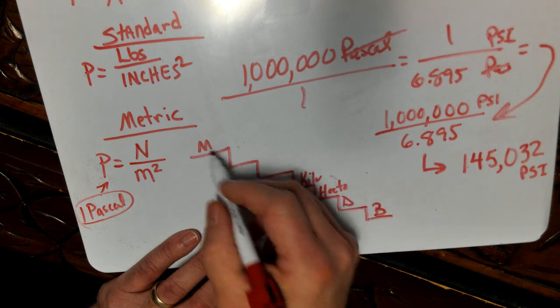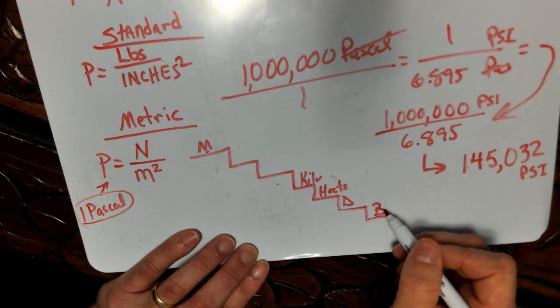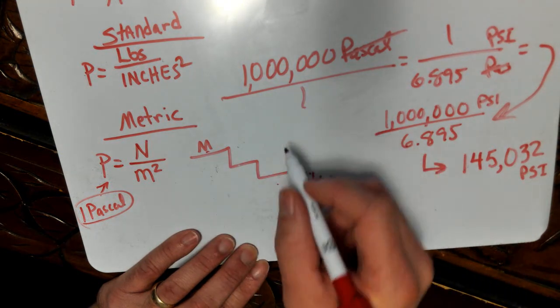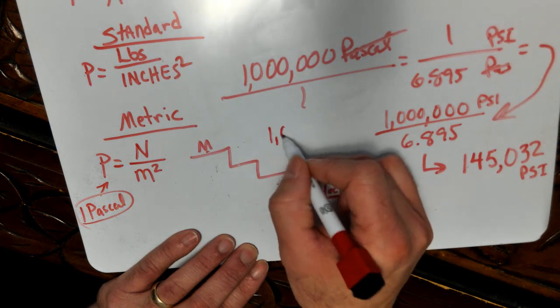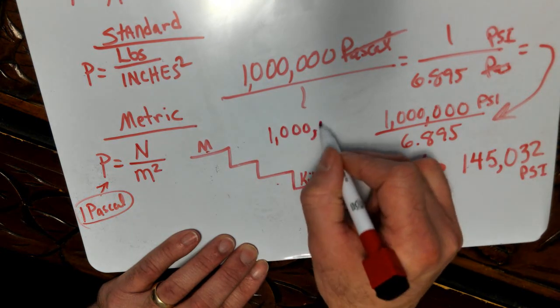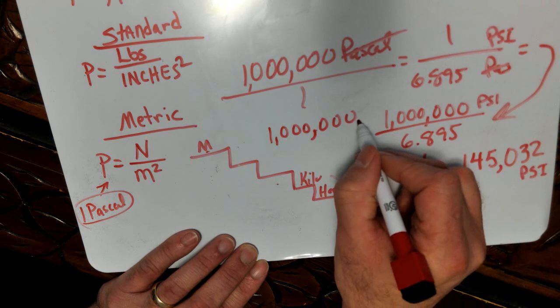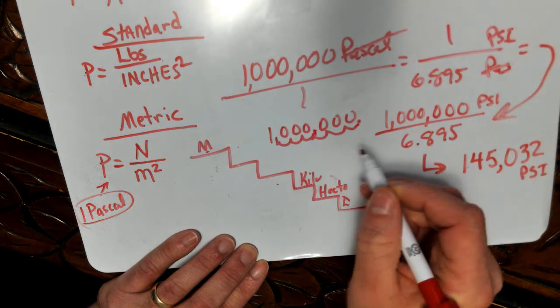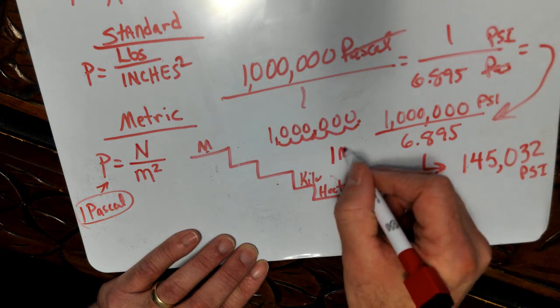So our base unit is pascals. So it'd be 1, 2, 3, 4, 5, 6. So saying 1 million pascals is equal to, there's your decimal, come over 6 places, is equal to 1 megapascal.